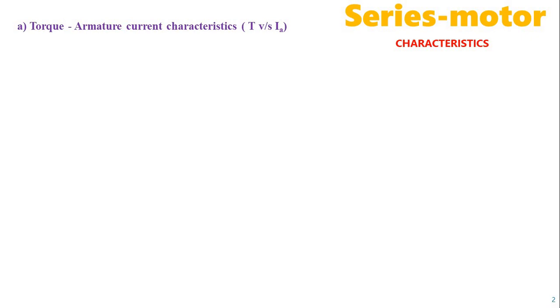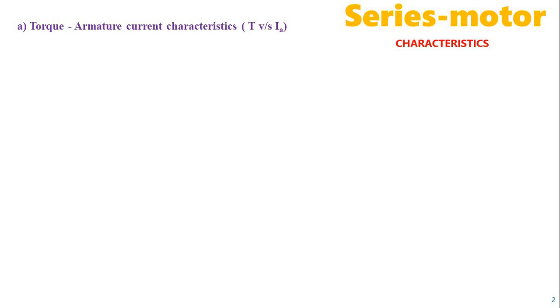torque armature current characteristics. If you want to understand the characteristics of a series motor, you have to understand the torque speed equations of a series motor. I explained the torque speed equations in my video.